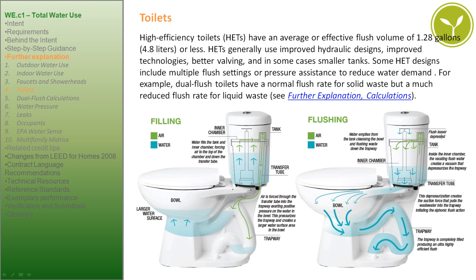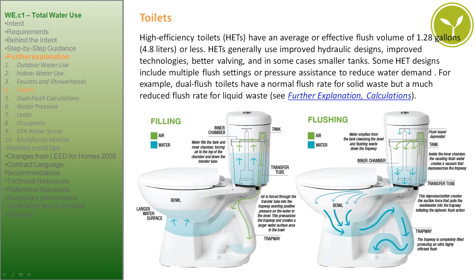High-efficiency toilets, or HETs, have an average or effective flush volume of 1.28 gallons or 4.8 liters or less. HETs generally use improved hydraulic designs, improved technologies, better valving, and in some cases smaller tanks. Some HET designs include multiple flush settings or pressure assistance to reduce water demand.